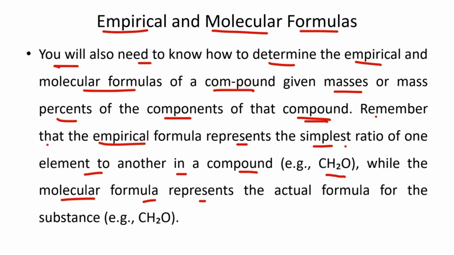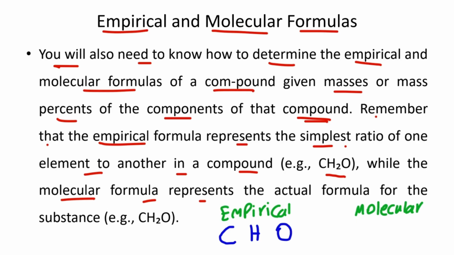Now, I need you to understand how to differentiate between empirical and molecular. Okay? Now, it is actually simple. Empirical formula, you can't divide the number of the atoms in it. So, for example, if I give you CH2O, the numbers of the atoms of the carbon and the oxygen is actually 1.